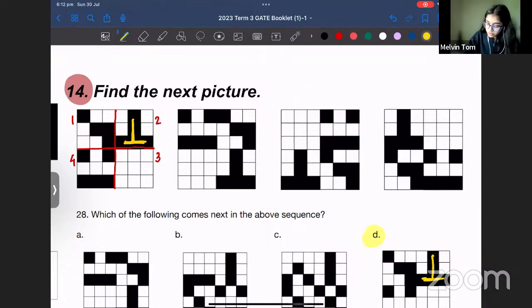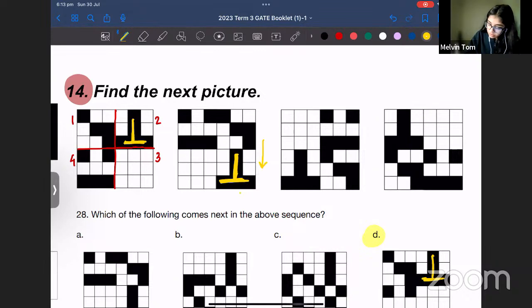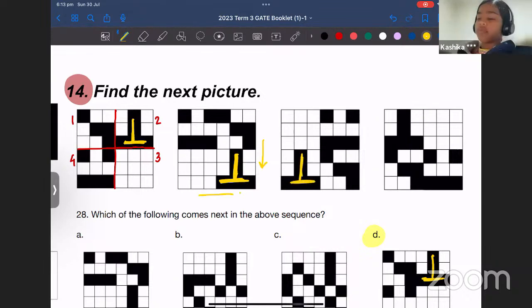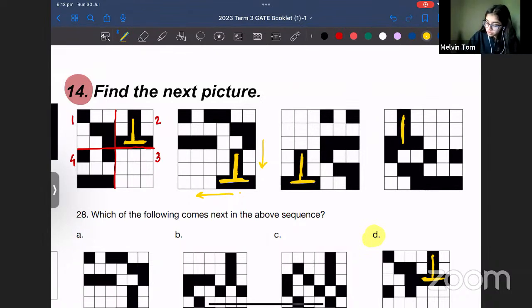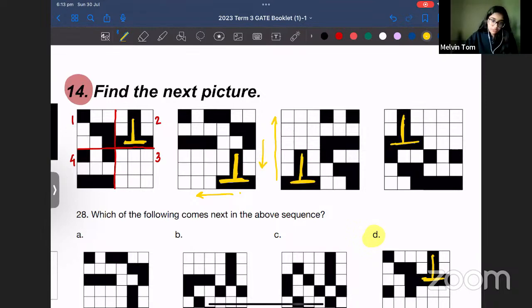From box number 2, it moves all the way to box number 3. From box number 3, this moves to box number 4. And from box number 4, this moves to box number 1. So it's just plus 1, plus 1, plus 1, moving clockwise.